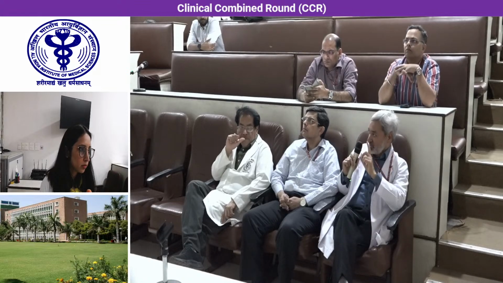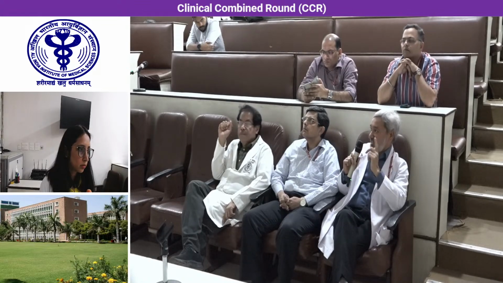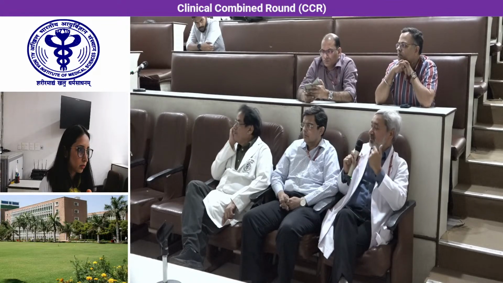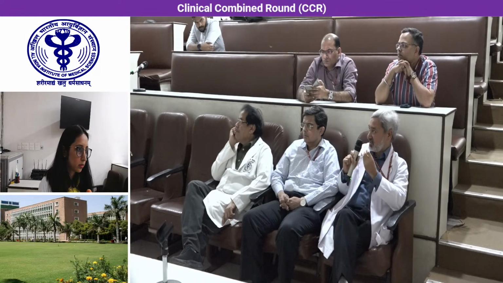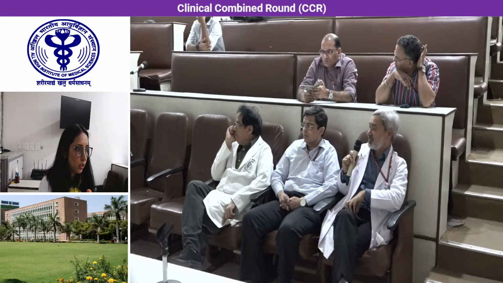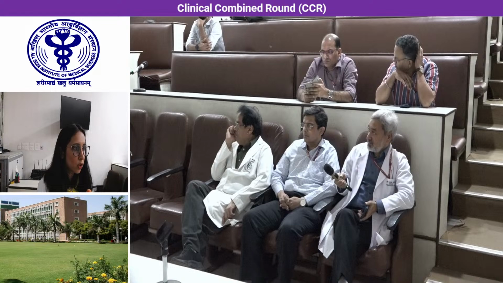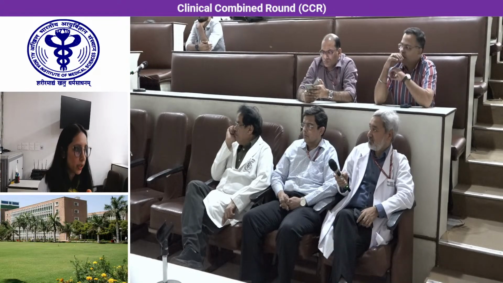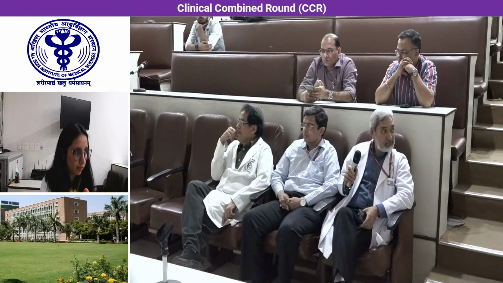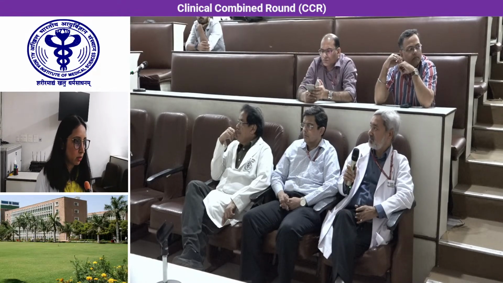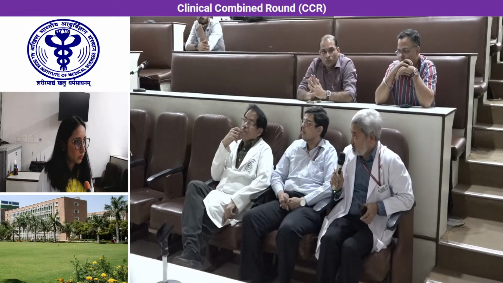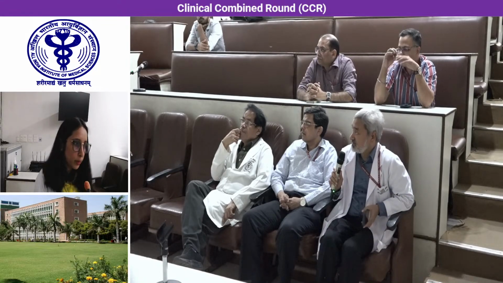The progression has not been defined in the literature, but they have to be followed up annually with investigations in case they develop overt myeloma later. Yes, so they have to be evaluated annually.